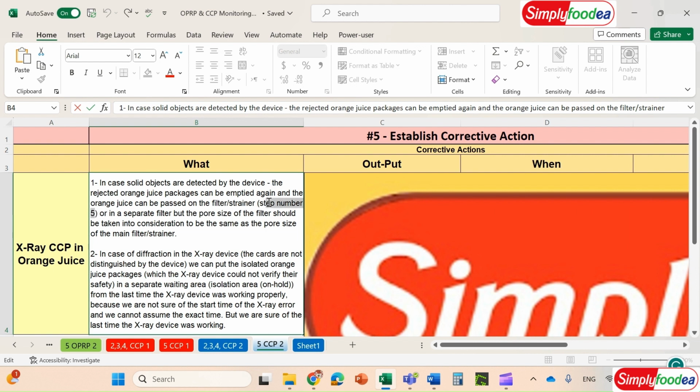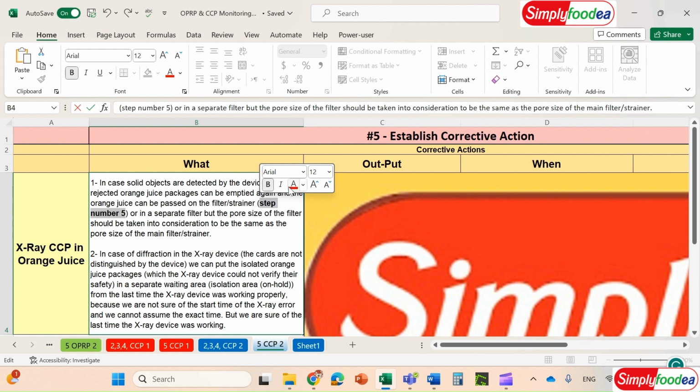So I'm mentioning that if any product has some kind of residues due to malfunction in the process of the filtering, there will be an issue in the outcome product, and the device will detect the foreign materials or physical hazard in the product.